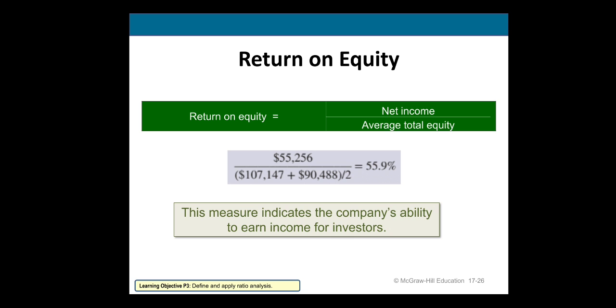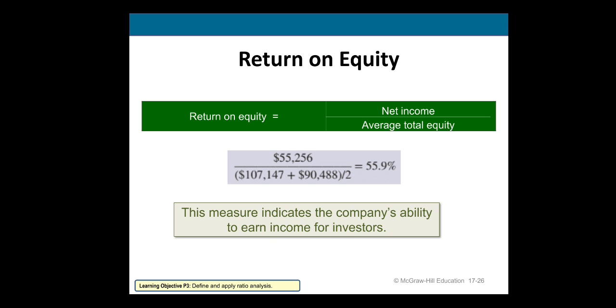In this example, the net income or net profit is 55,256. The average total equity, see here in the gray box, is the ending balance of the equity plus the beginning balance of the equity divided by 2.